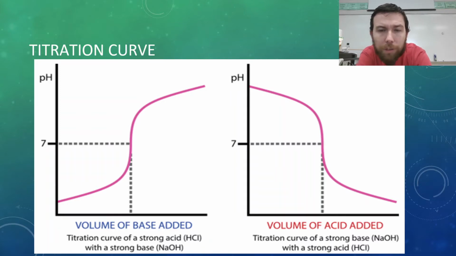You hit your equivalence point again, and so then you would have NaCl and H2O present in your Erlenmeyer at the equivalence point. And then once you go past the equivalence point, you'd have your sodium ions, you'd have your chloride ions, and your water, but as you begin to add more acid, you would then start to see the presence of excess H+ ions and more Cl- ions.